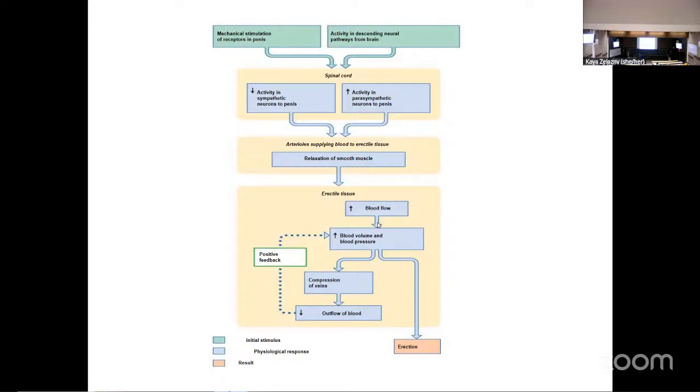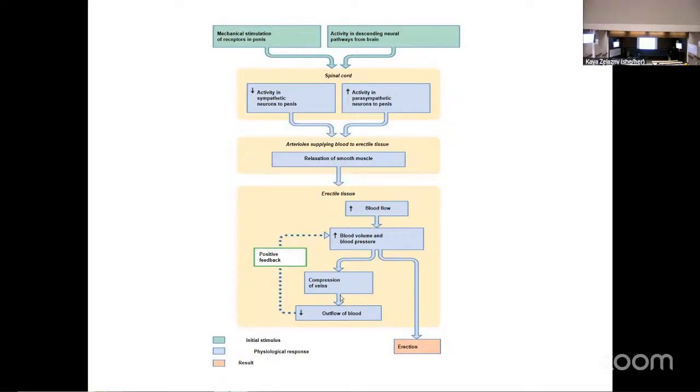So this is one of the places that we actually do think about positive feedback happening in the body. Usually when we see these flow charts, it's almost always negative feedback loops, but I'm going to point out, right, this is a positive feedback loop we see here, right? So this parasympathetic innervation, relaxing the smooth muscle, increasing blood flow is then going to start compressing the veins.